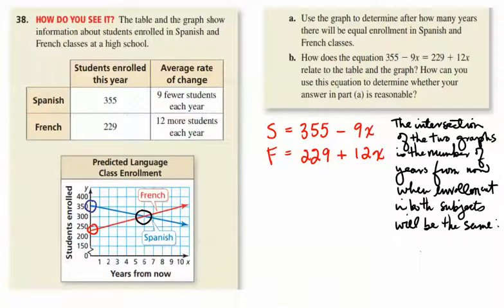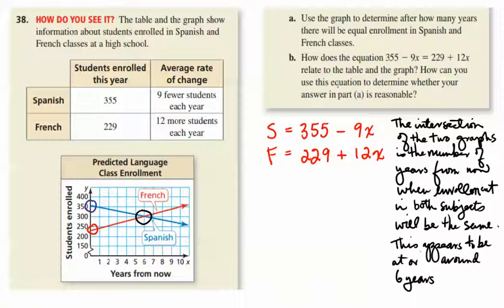And this appears to be around 6 years from now.